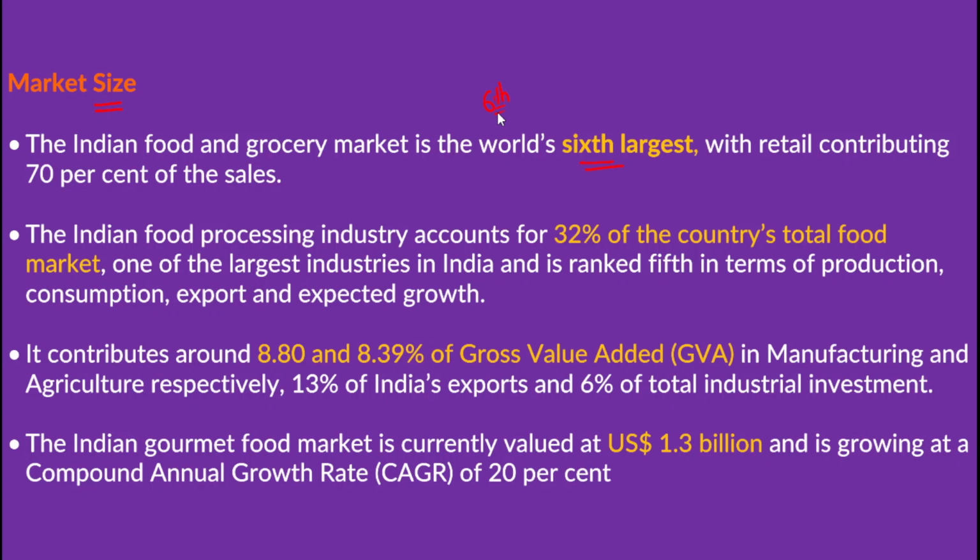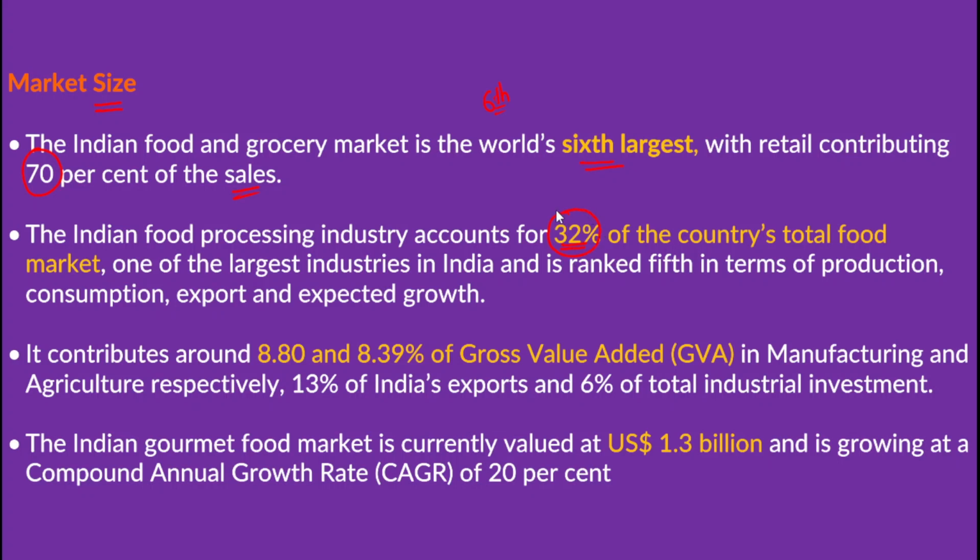Now even in the entire food processing and grocery market, 70% is contributed by sales itself. Secondly, Indian food processing industry accounts for around 32% of the country's total food market. If you look at the total food market, the food processing industry's overall contribution is much lesser. It is just 32%.